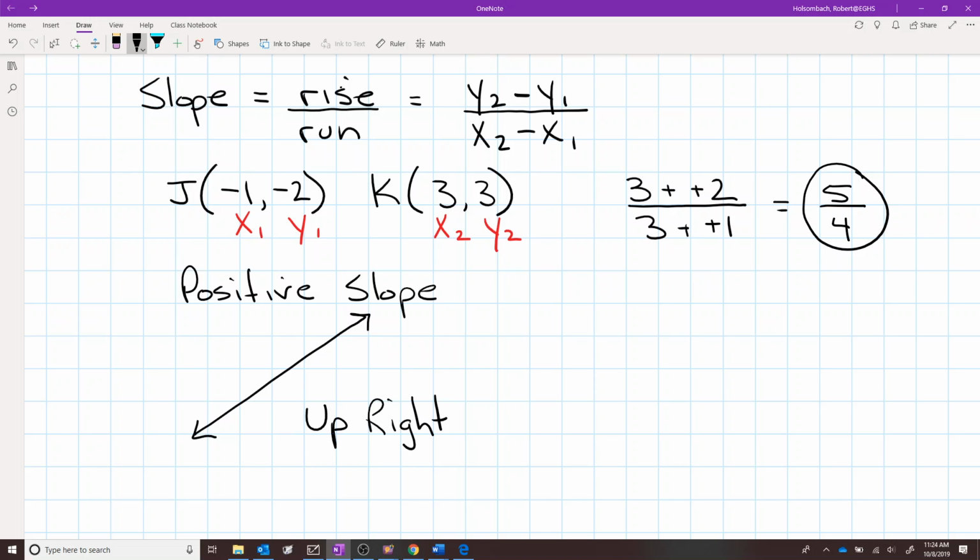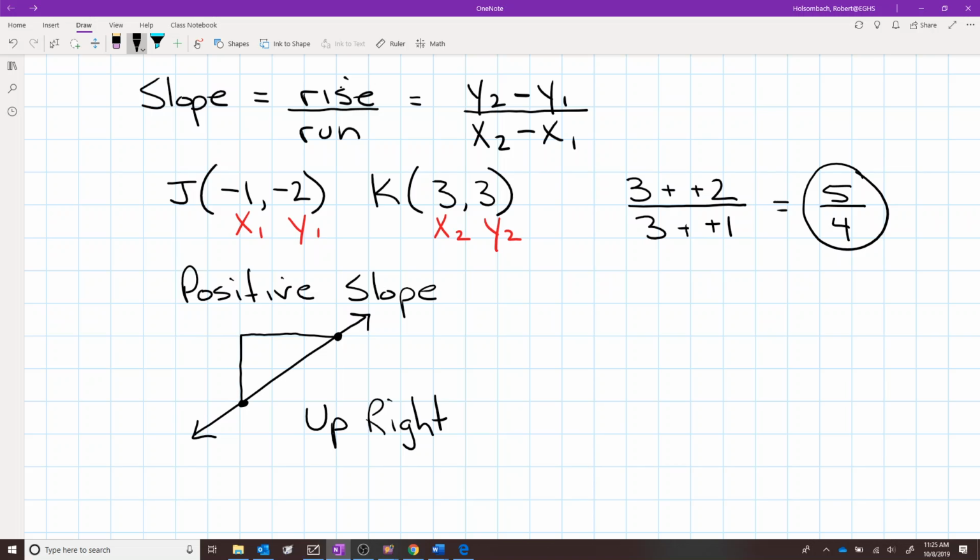Okay? If you're at one point on this line and you want to get to another point on this line, slope is rise over run, so you rise vertically until you're perpendicular to the second point, and then you run horizontally.